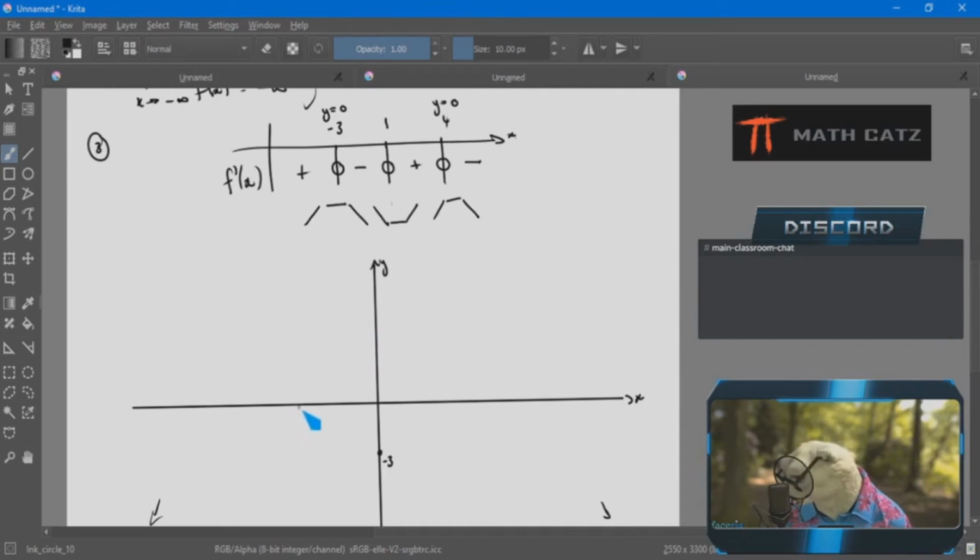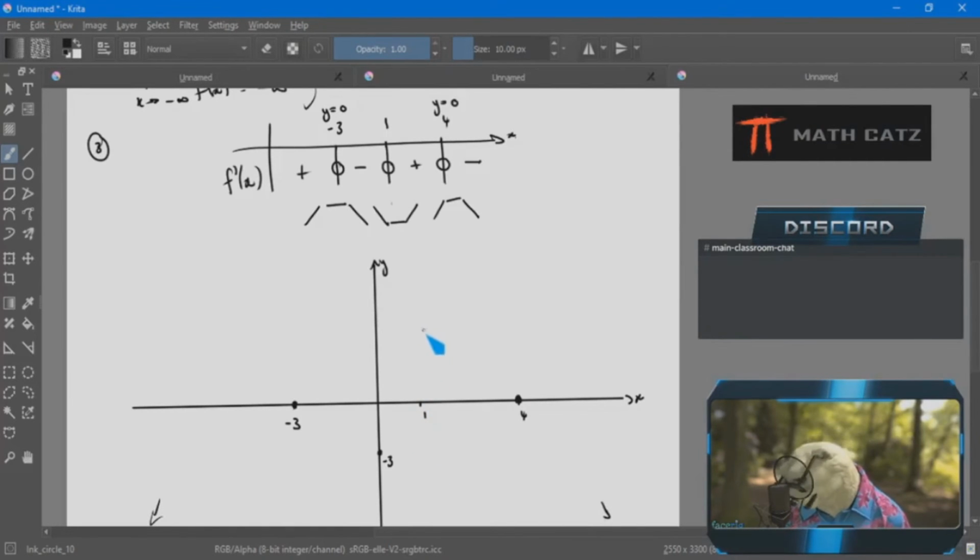Okay, so let's give me some space here. Let's say -3 is over there. I know that's an x-intercept anyway. 1, maybe a little closer. And 4 maybe over there, and that's an x-intercept as well. I don't know what the y value is at x equal to 1.